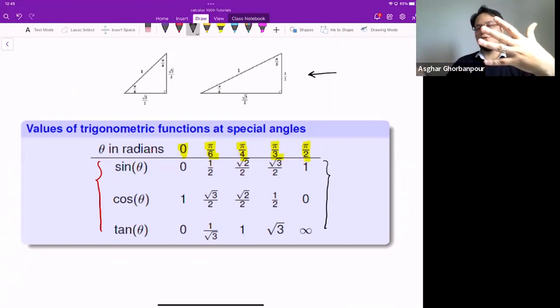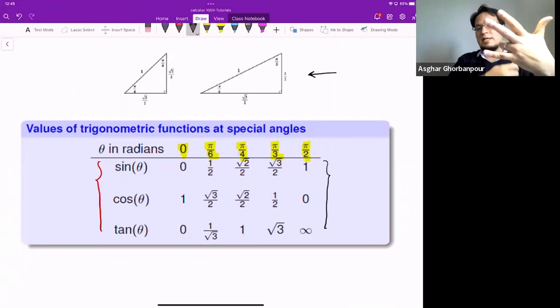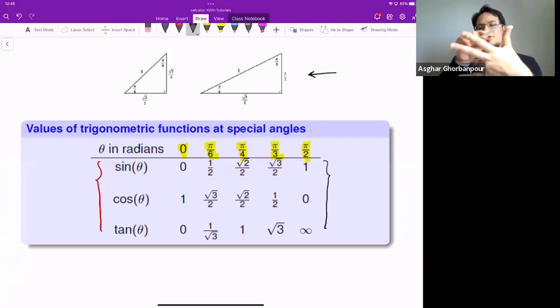If you're trying to find anything for pi over 6, this is pi over 6. I close it. Then this part is going to give you cosine. These 3 are going to give you the sine. The way this works is that the number of fingers below that is 1.